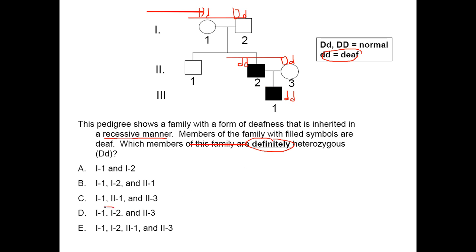Yeah, so the answer is D. This individual, we don't know. This could be two big D together, right? Or big D and a small d. See that? So this one we don't know for sure. But these we know for sure. So it's 1 and 2, the mom and dad, and then number 3 here. So the answer is D.